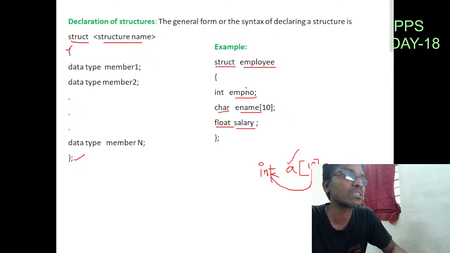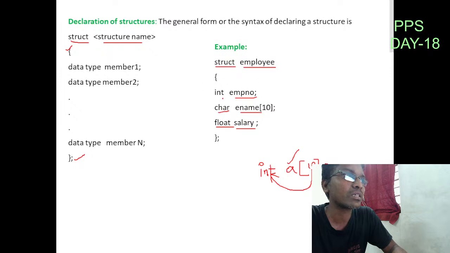Whereas in a structure, the members can be of different types, like integer, character, or float, and so on. But all these different types of data items share only one common name.